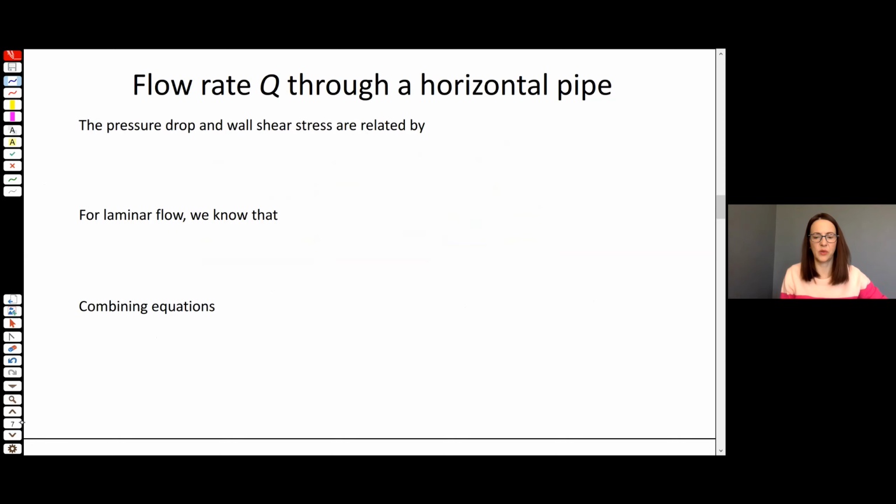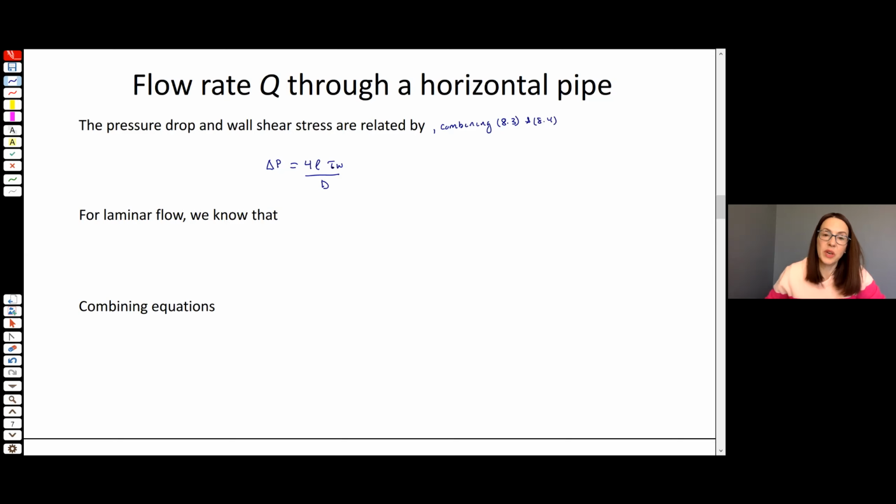All right, so from here, combining equations 8.3 and 8.4, we can determine that delta P, the pressure drop along the cylindrical fluid element from one end to the other, is equal to 4 times the length of the fluid element times the wall shear stress over the diameter of the pipe.